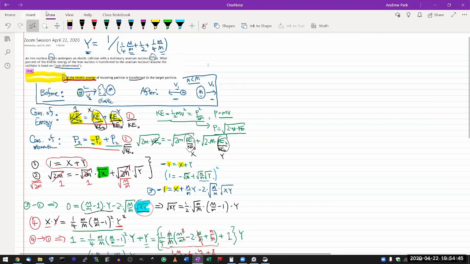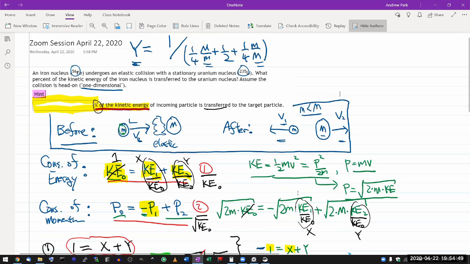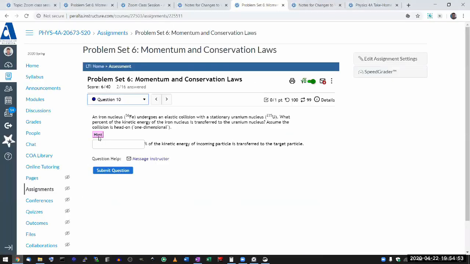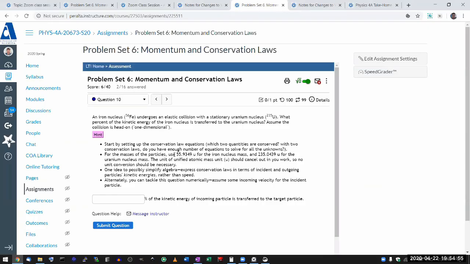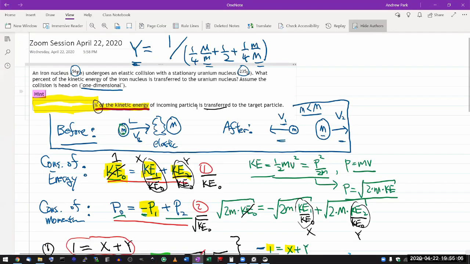Oops. One of the hints, which I shouldn't have deleted, gives me the masses of the things. And it gives it in such a unit that the unified atomic mass cancels out, so I don't even have to plug that in, which is what I wanted.